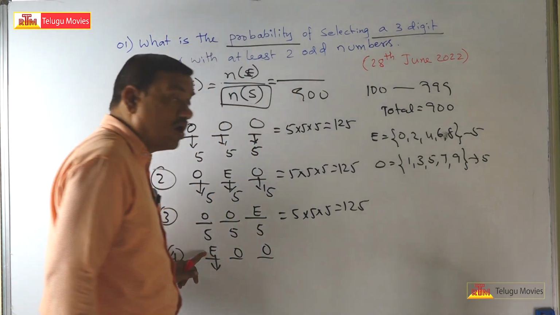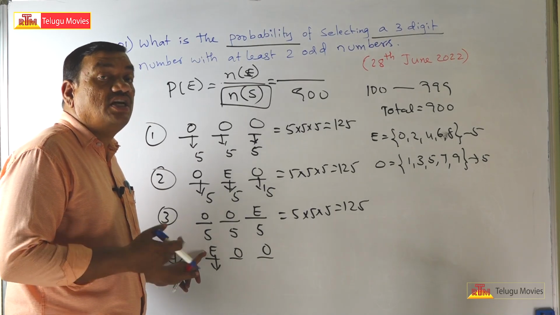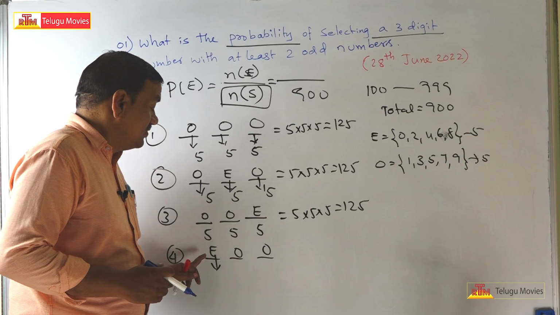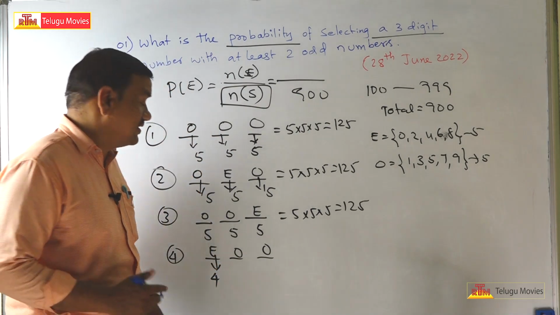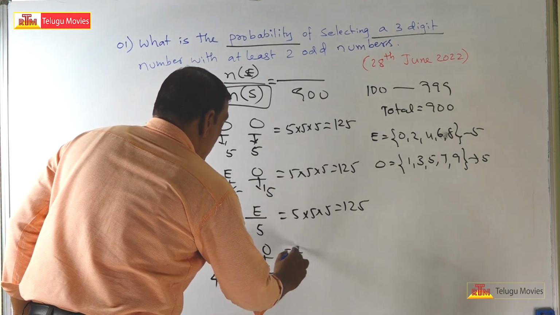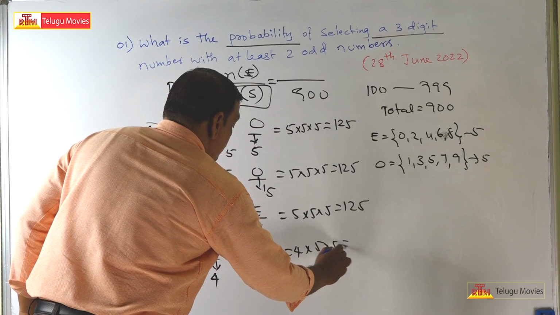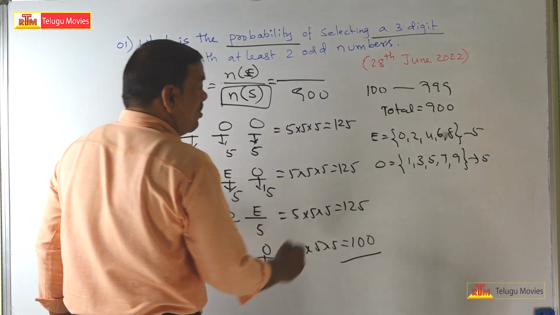But here you should not put 0 in the first place. Why? Because if you put 0 here, it will become a 2-digit number. So this can be filled in how many ways? 4 ways. The others are as usual 5 ways and 5 ways. So the total number of permutations is 100. So all these are favorable cases.